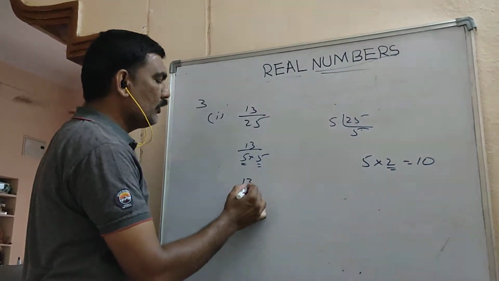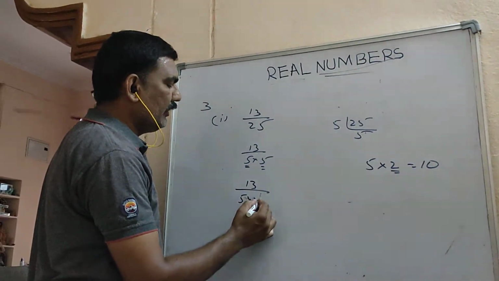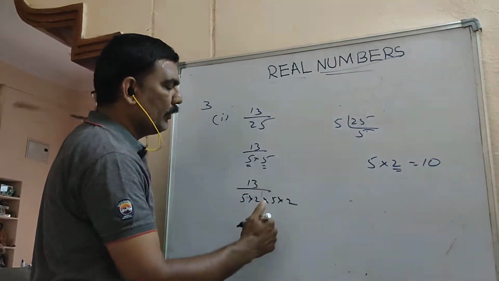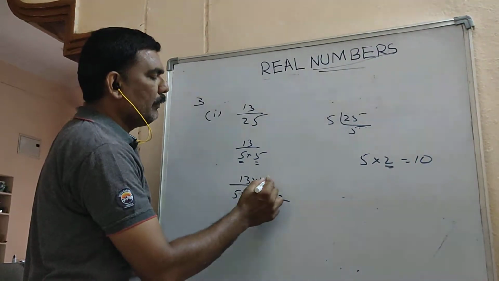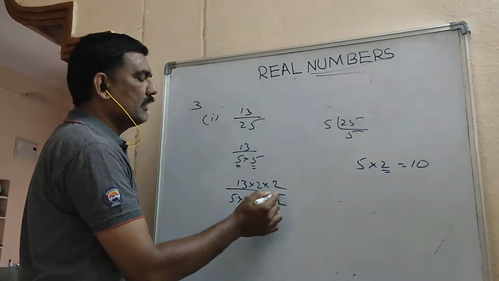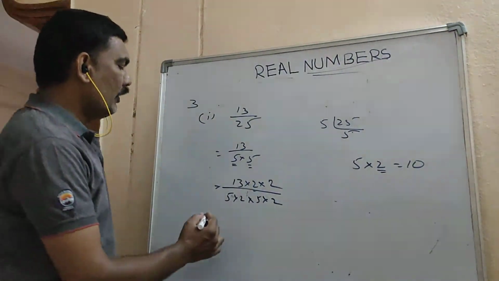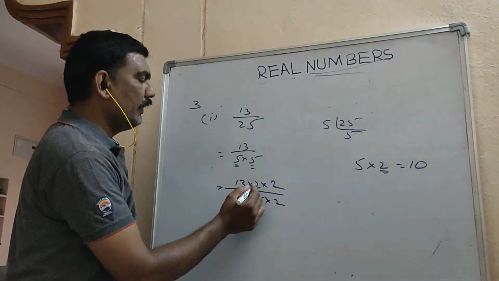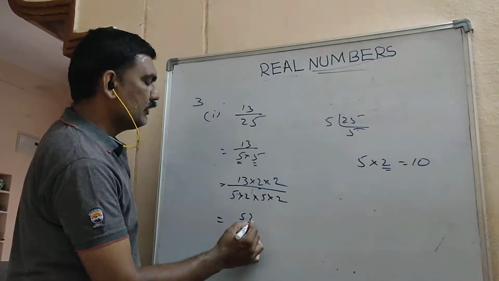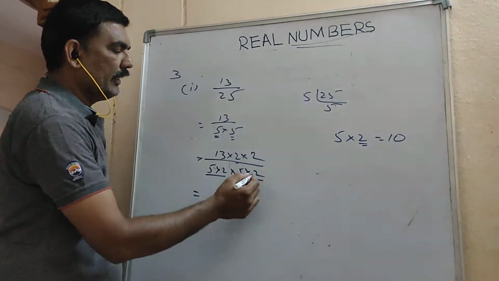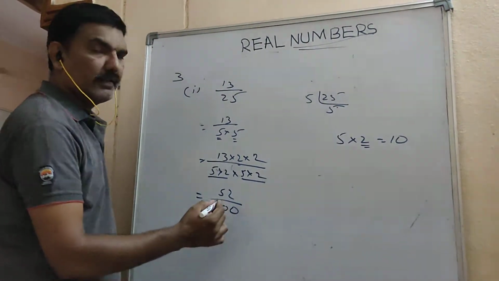So the missed 2s you write in the denominator, means you multiply with 4 in the denominator. So you have to multiply with 4 in the numerator also, without changing its value. Then 13 2s are 26, 26 2s are 52, and here 5 2s are 10, 10 10s are 100.